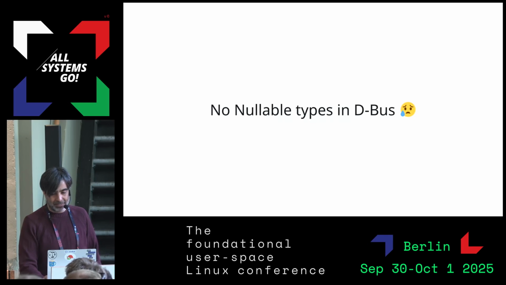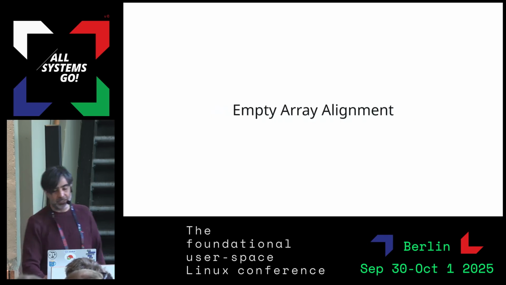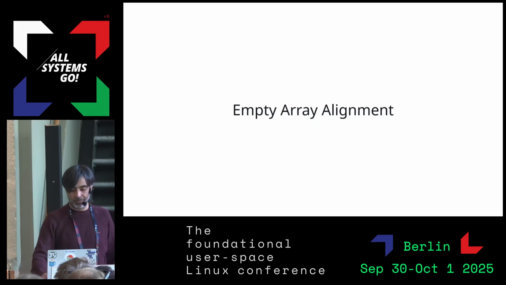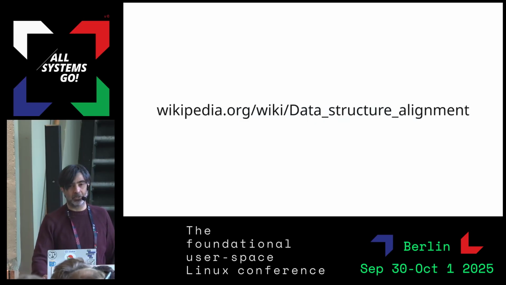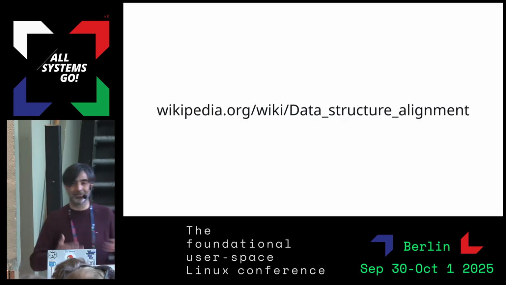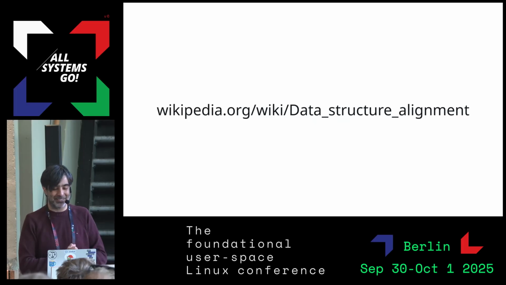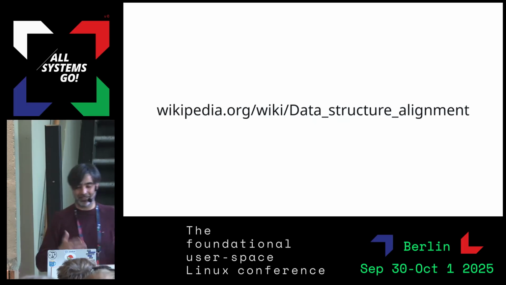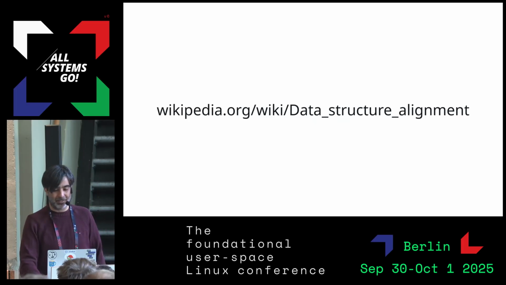Anyway, one of the other problems was empty array alignment. That was a much bigger problem because, you are in this conference, so I'm pretty sure you know what alignment is all about, but just in case you don't know, you can go to this Wikipedia article, and it can explain very well what alignment is all about in serializing binary formats.